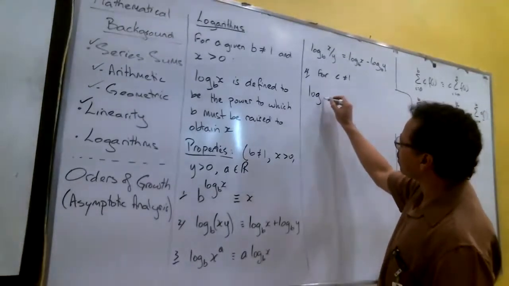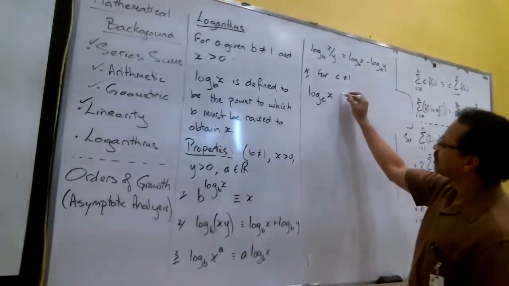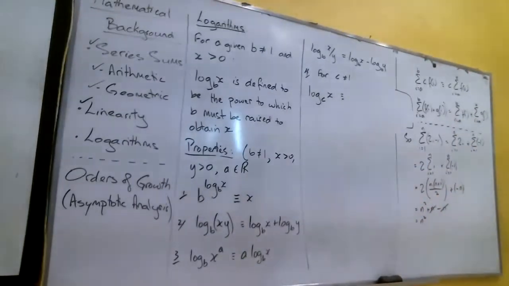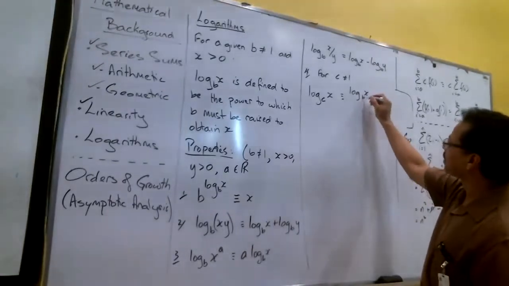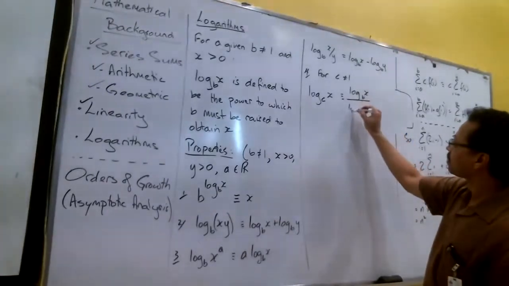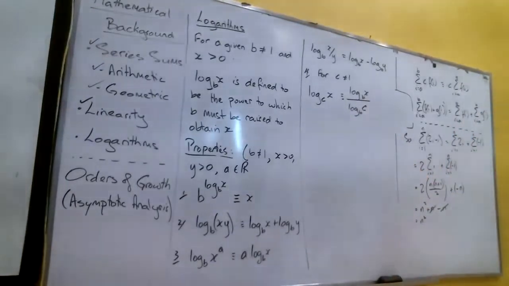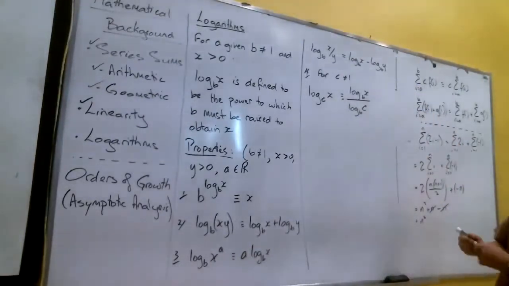So if I wanted to find out what is the log of x base C, but the only tool I have is something that can calculate logs base B, some B, like e, for example, or 10, then it turns out that this is equal to the log of x base B divided by the log of C base B. Now you can use that practically to compute logs that you don't have the keys for on your calculator.